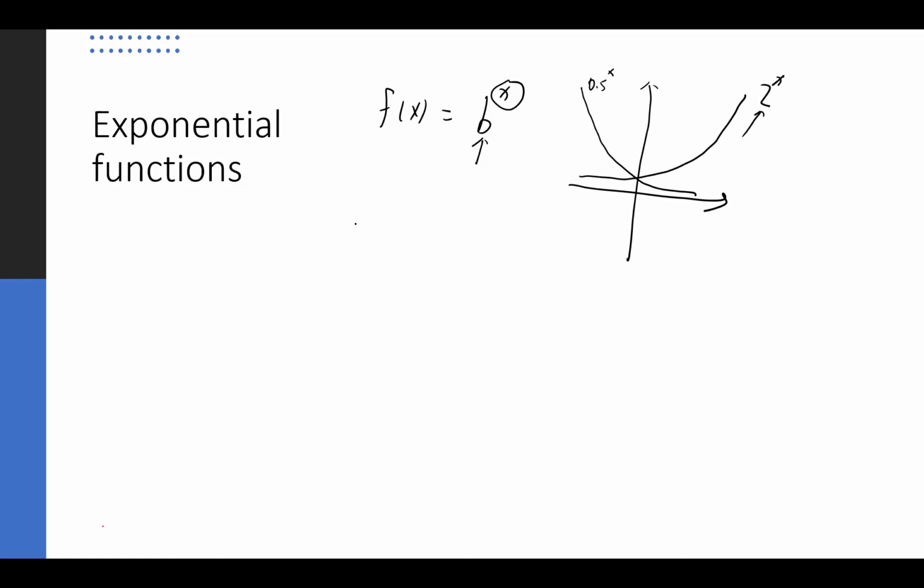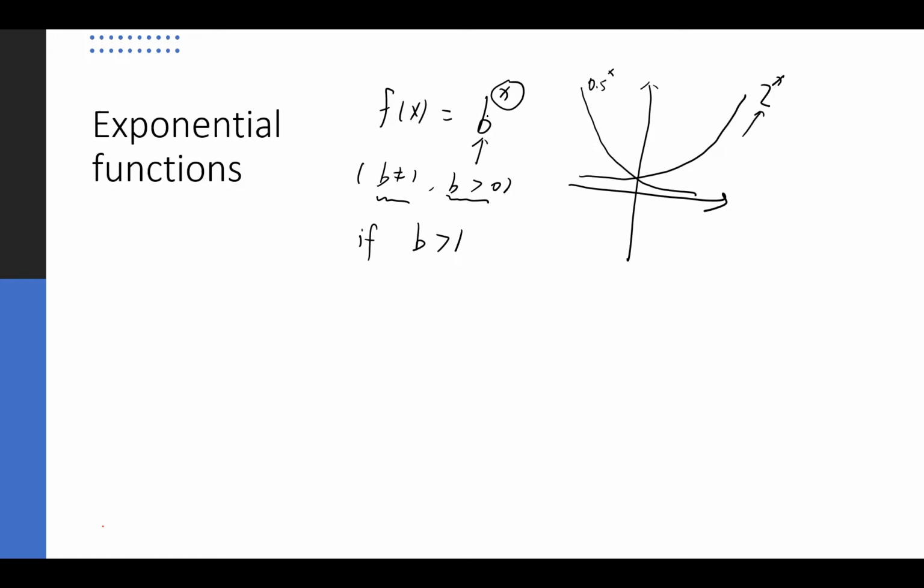So as you can see, if b is bigger than 1, then 1 itself is actually sort of separating the lines here. So the underlying condition is that b cannot be 1, and also b is a positive constant. So b should be positive, and b is not 1. If b is 1, then no matter how x changes, it will always be 1.